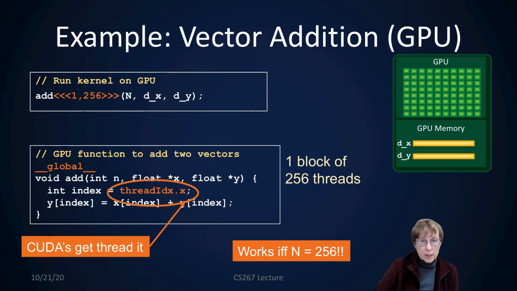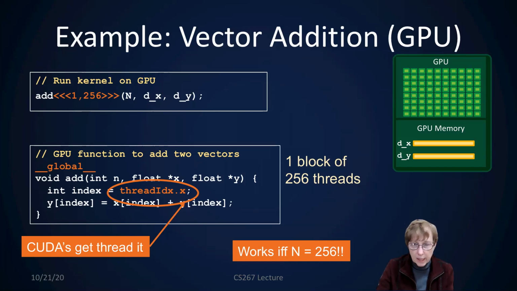And now inside of this code, we have to do something different to basically turn it into what looks like single program multiple data code. If each thread is now given this add function to run, how do we make sure that each thread is doing something different? And so what we're going to do is to get a thread ID.